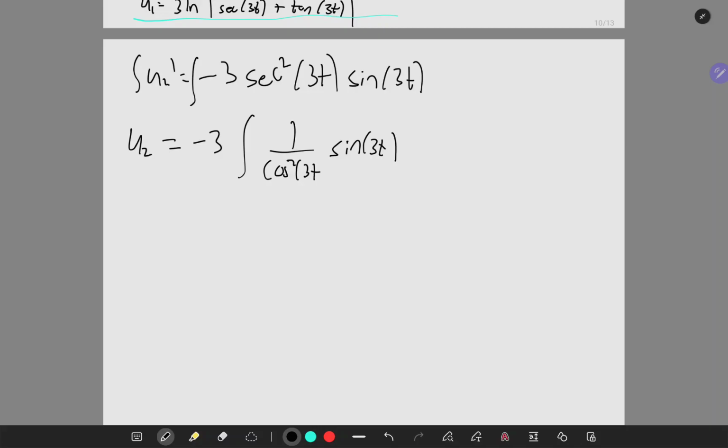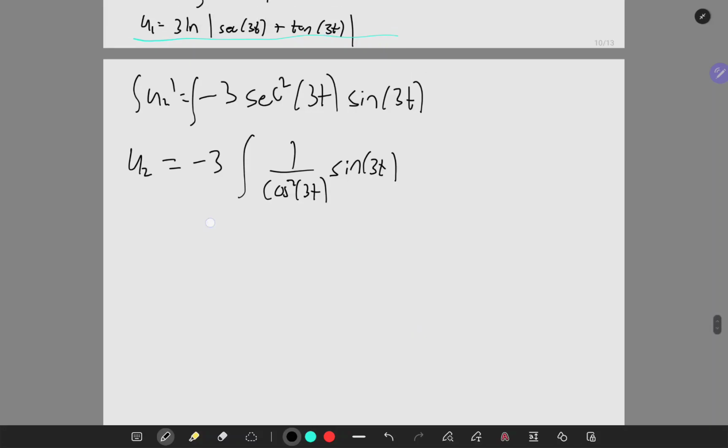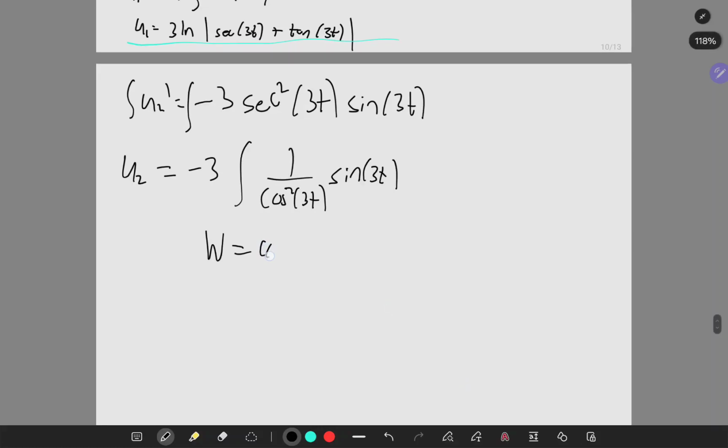Now let me not use u sub, since I already used t's and u's, so let's do w sub. If we set w equal to cosine of 3t, then dw would be -3 sine 3t.